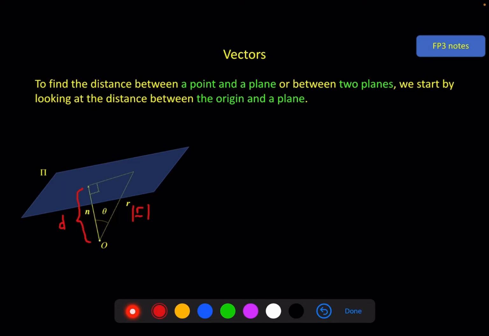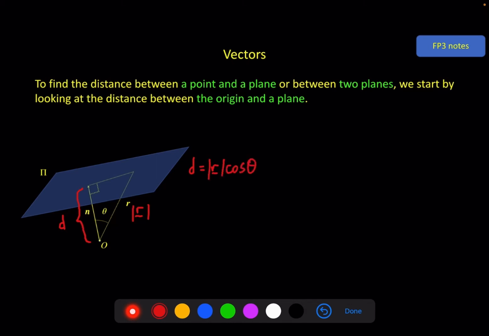So the d there, between the origin and the plane, goes in the direction of n, but isn't necessarily the magnitude of n. In order to get that, we need a point on the plane, so this is r, times the cosine of theta. And you know that from basic trig. So here d is equal to magnitude of r cos theta.